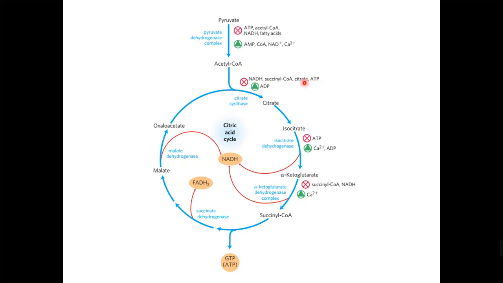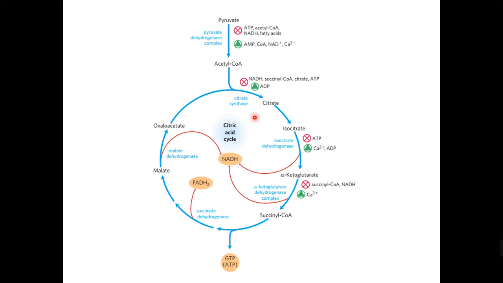If more citrate is there, it is an end product of this step, so there is no need to synthesize more citrate, and more succinyl CoA means more products are formed. That is why this enzyme is inhibited. If NADH is also more, it will be inhibited. ADP is the positive modulator. ADP shows an energy less status, that is an energy deficient status, so ADP will induce this enzyme, citrate synthase.